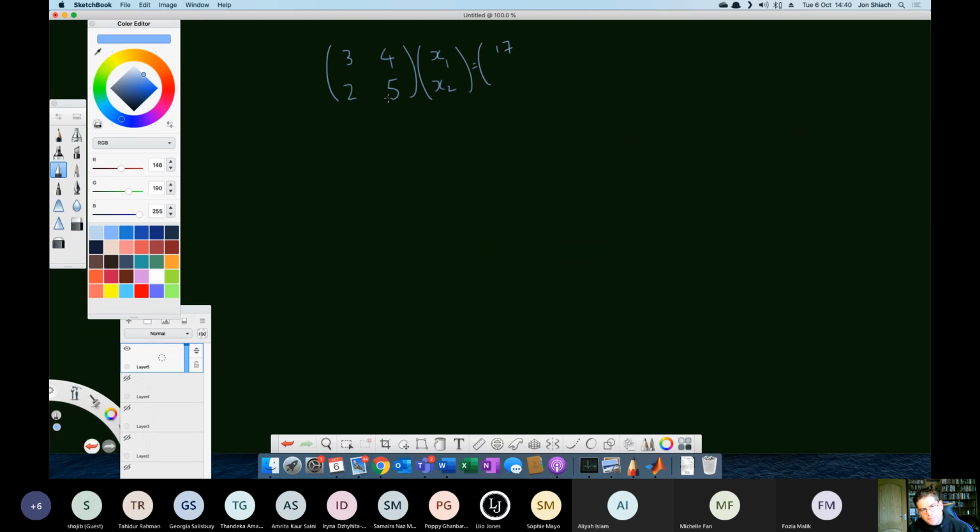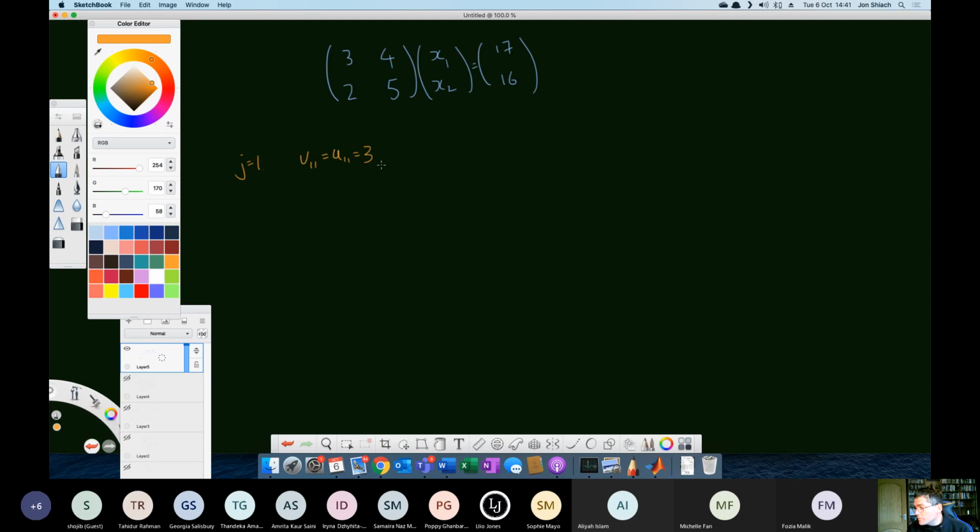And I have 6 plus 10, so that's 16. I kind of know that x1 is going to be 3 and x2 is going to be 2, but let's solve this using LU factorization. So u11, doing the LU factorization on a 2 by 2, is going to be a11, which is 3.